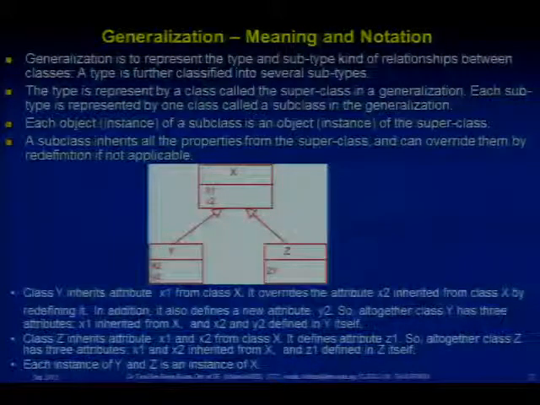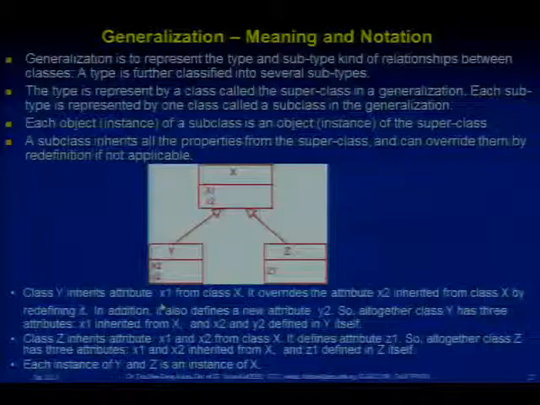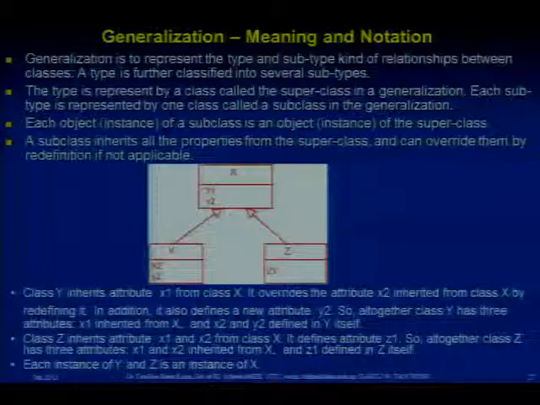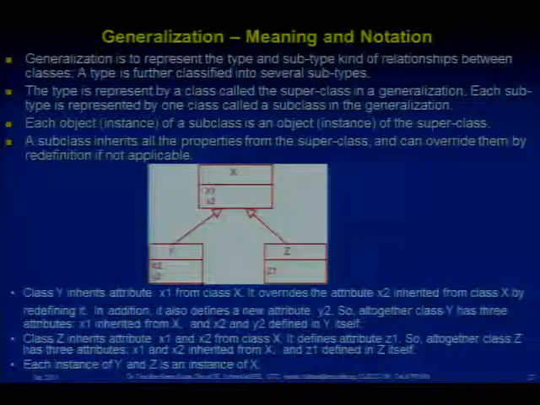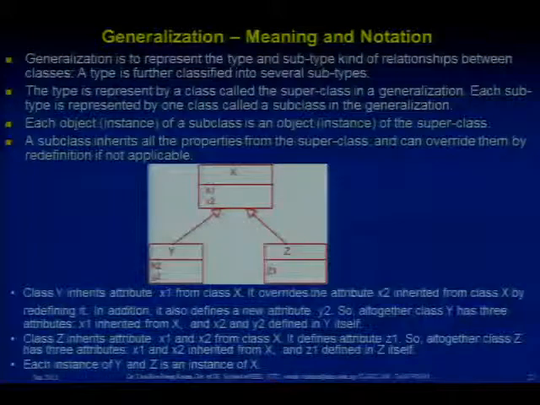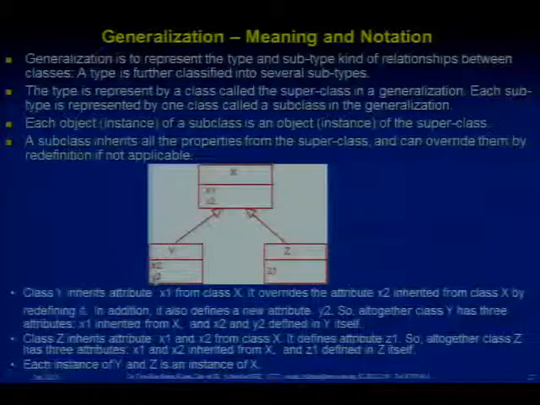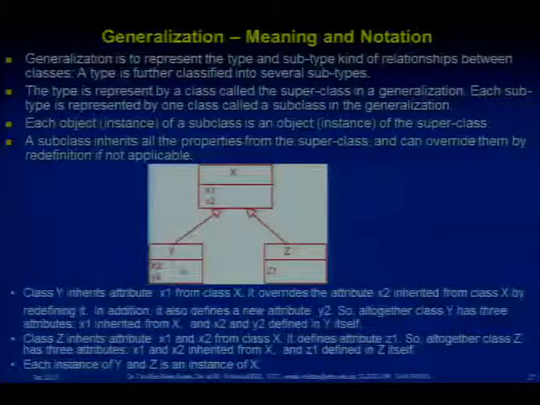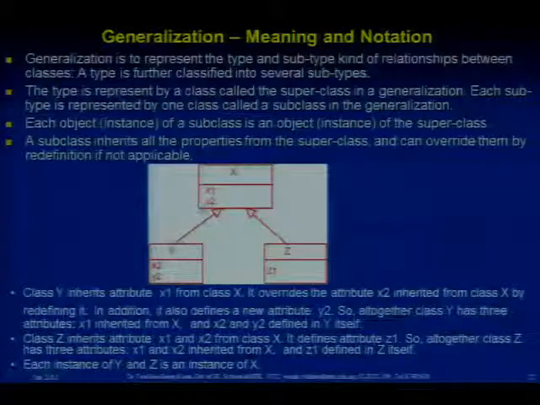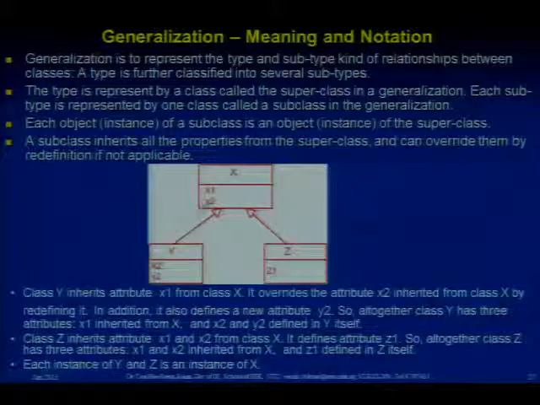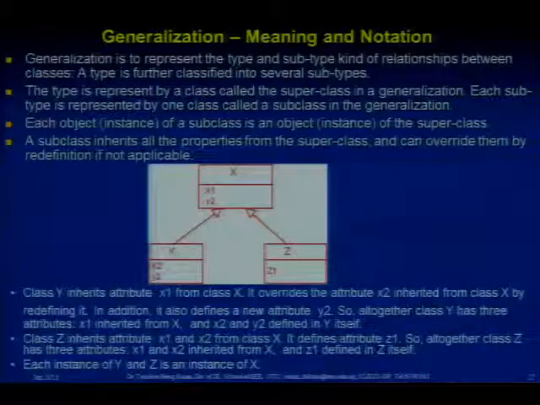The third point: in addition to overriding any unwanted attribute from the superclass, a subclass can also define totally new attributes to represent new properties specific to the subclass. Like this case, y2. I define y2 in subclass Y, and there is no y2 in the superclass, you can see from here. So y2 is a new attribute defined in subclass Y itself.